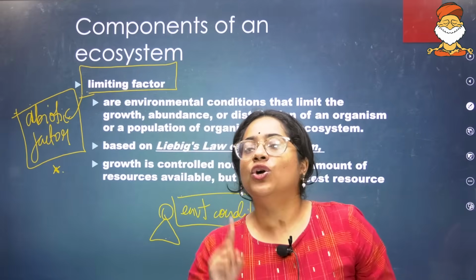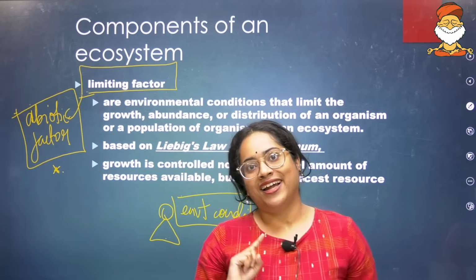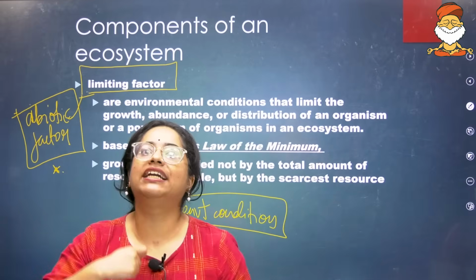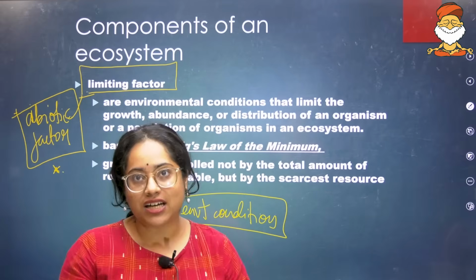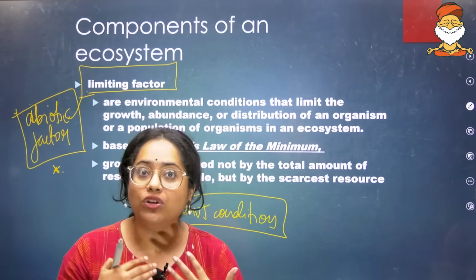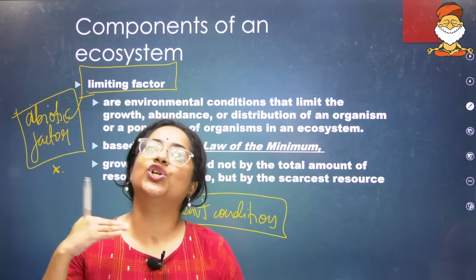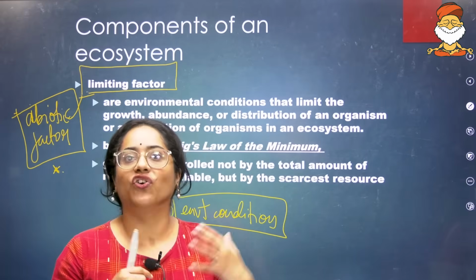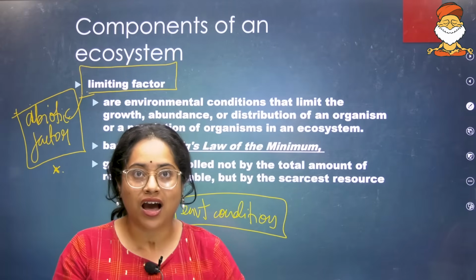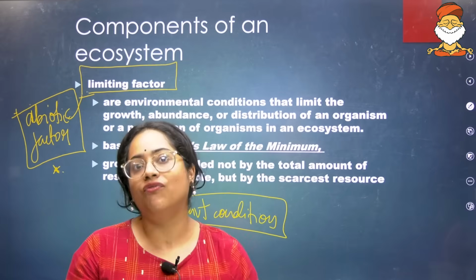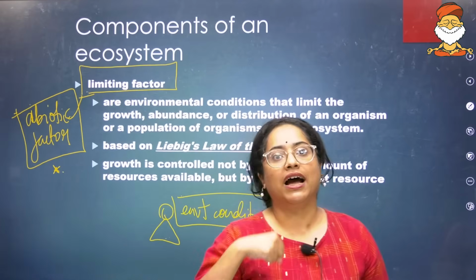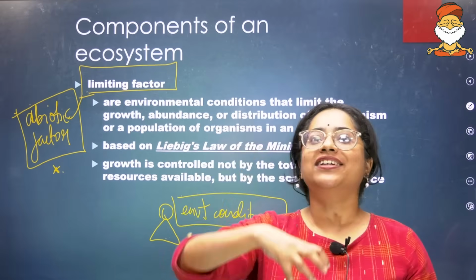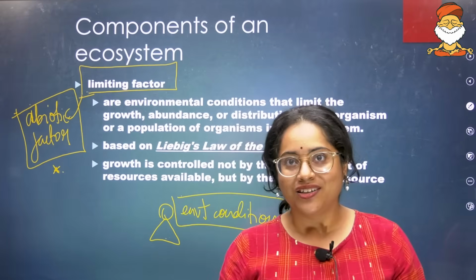Which means those conditions are your limiting factors. Those environmental conditions that limit the growth, abundance or distribution of an organism or population of organisms in an ecosystem are your limiting factors. You are held back by those factors which are ideal to you.